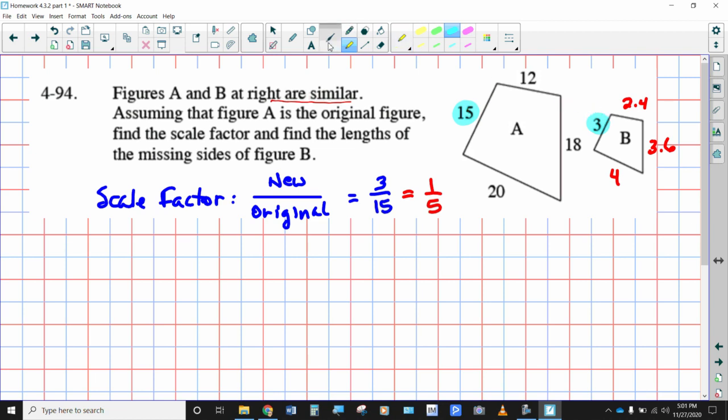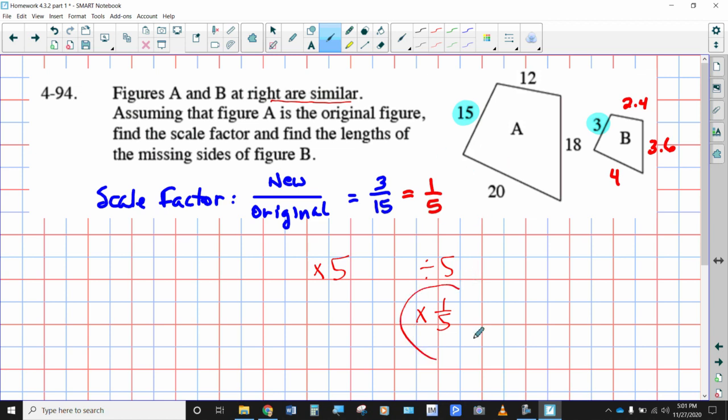Now, I would say your scale factor, if you're going in this direction, would be times 5, right? And if you're going in the opposite direction, it would be divided by 5, which means the same as times 1/5.